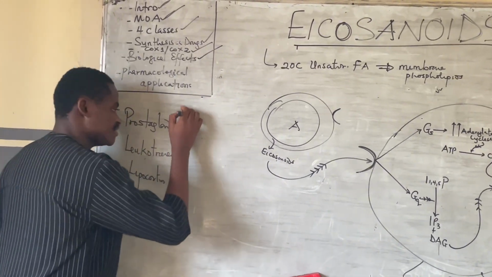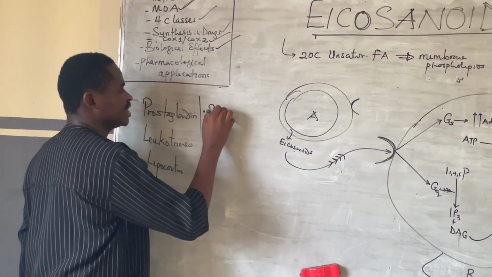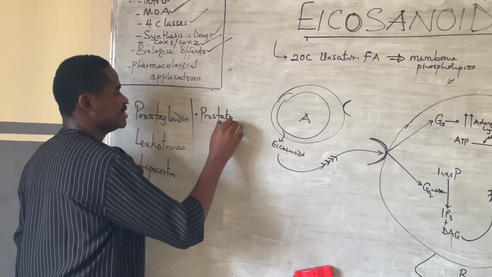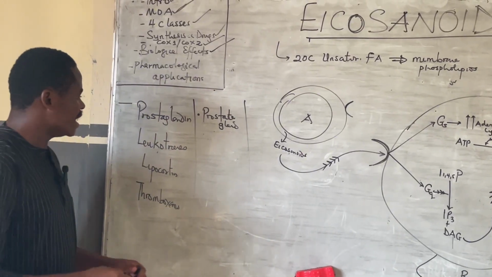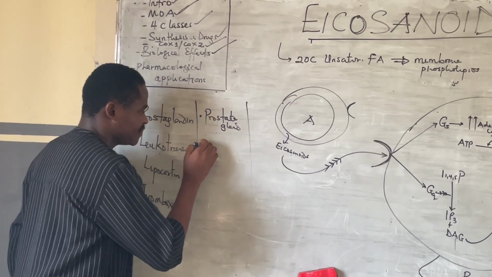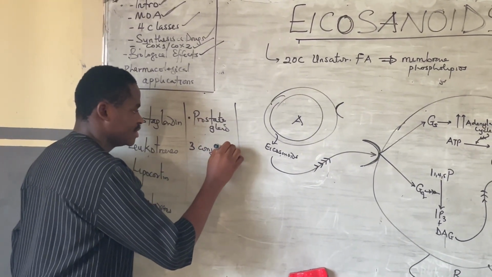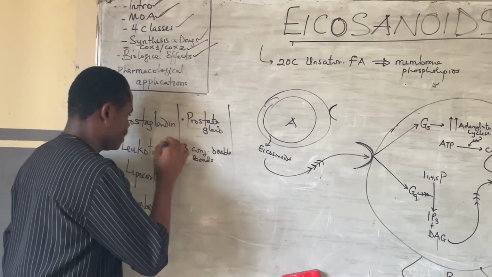Now, prostaglandins were originally discovered from the prostate gland. This is quite important to appreciate. Now, leukotrienes are the ones that have three conjugated double bonds. All right.